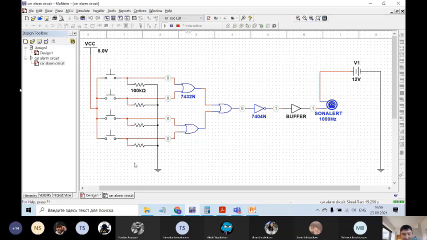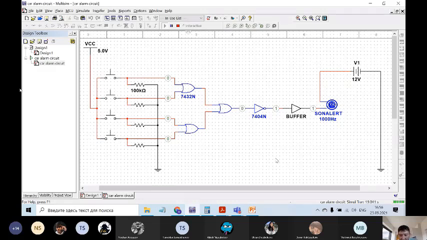So it's a simple but real application. Multisim allows you to design circuits that will perform some real function in real life. Then after you check that it is working in Multisim or another simulator, you can assemble a real digital system.